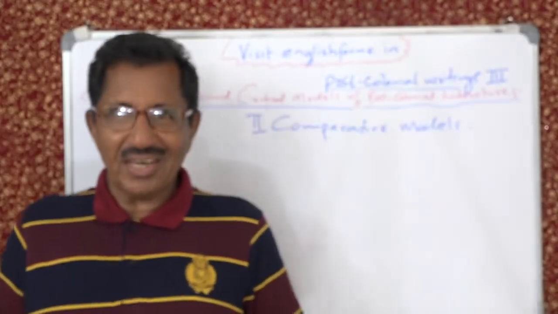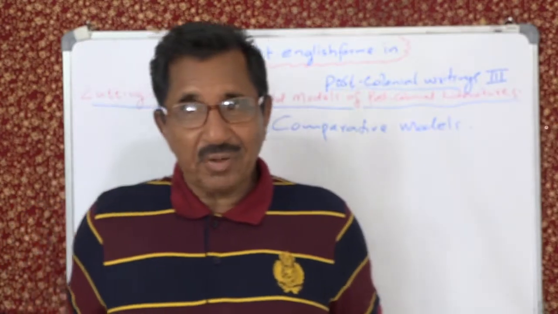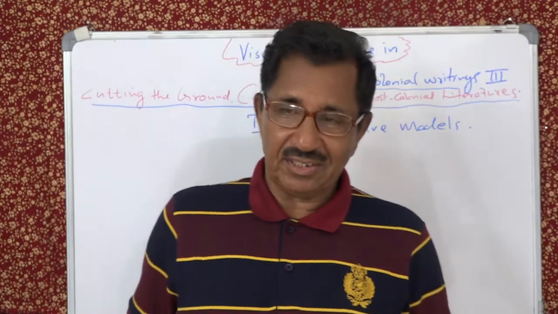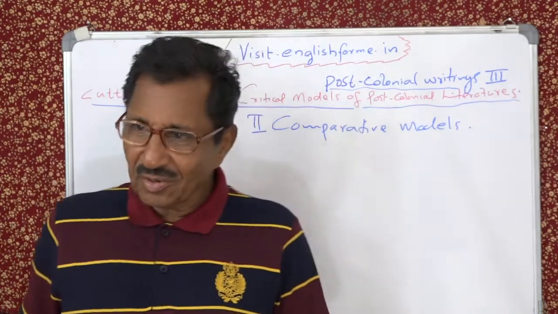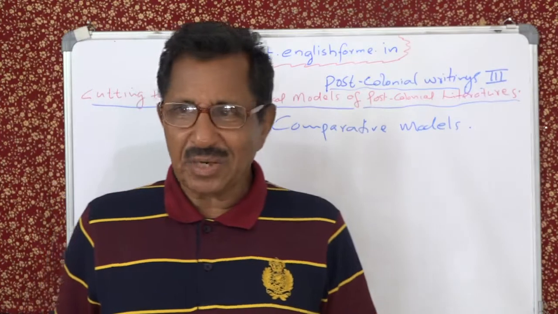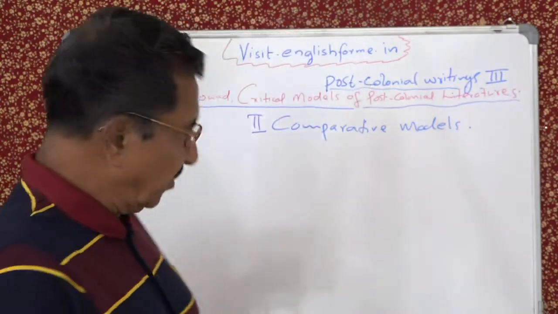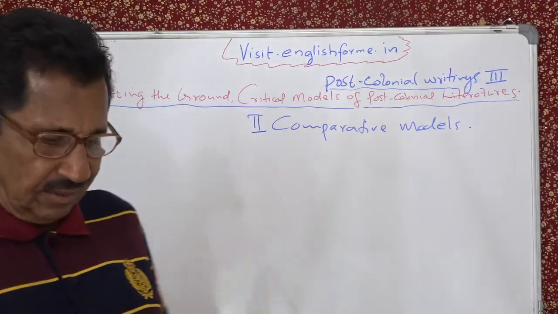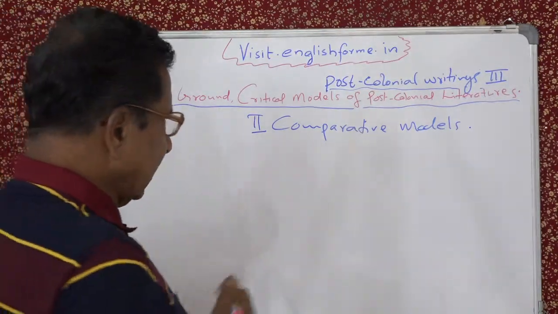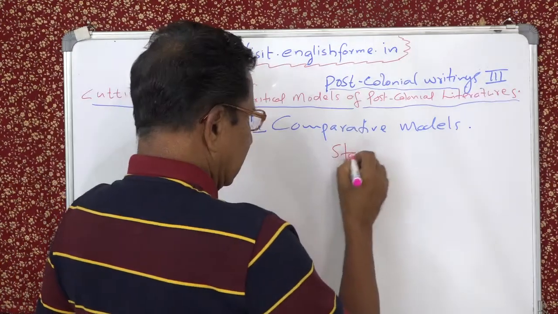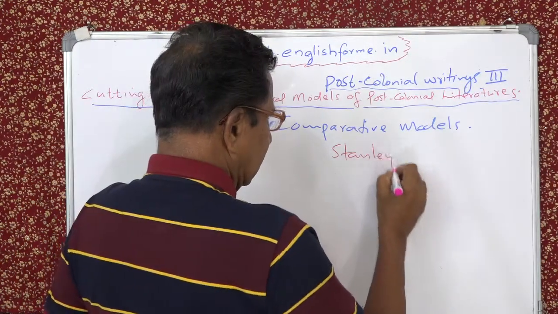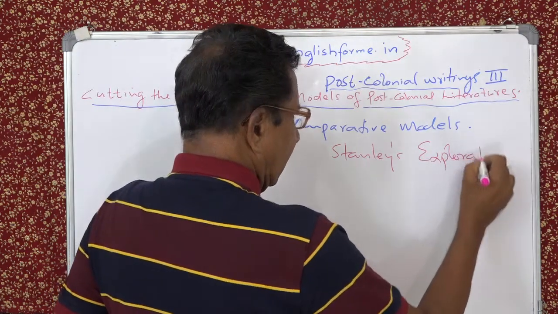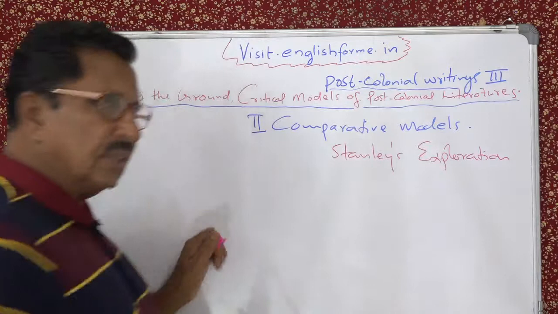For example, you have got Stanley's Explorations. Then also you have got, you remember, Newbolt's Desperate Cricketers. I will write down on the board these titles. That is Stanley's Explorations, which is about colonial adventure.